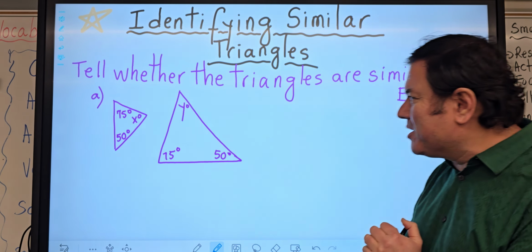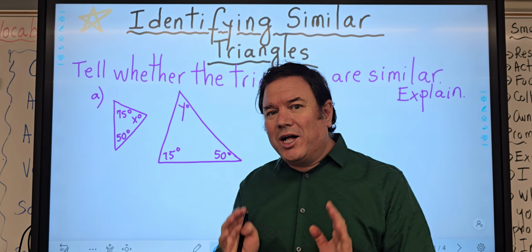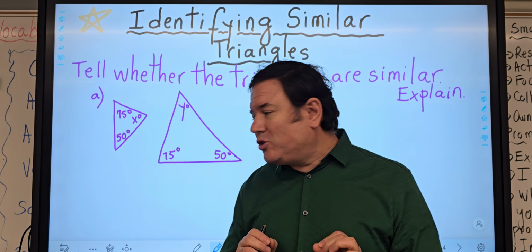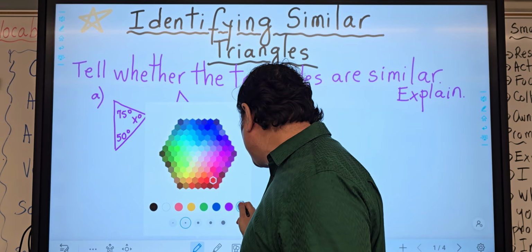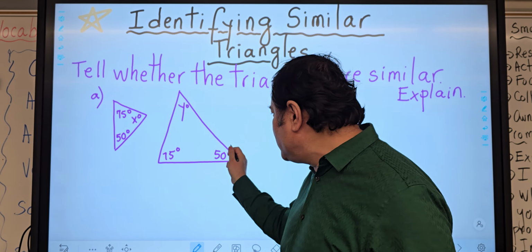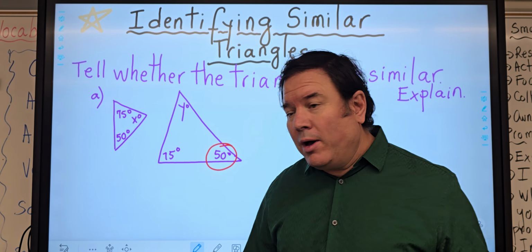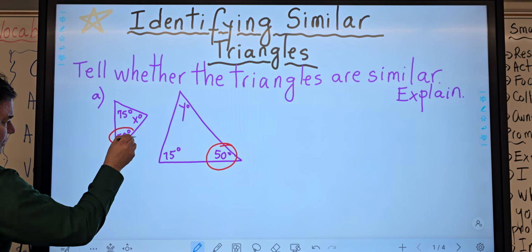Let's take a look at these triangles here. So let's try to identify at least two angles that are the same in both of these triangles. And first of all, I see this angle as 50 degrees. Now, let's take a look at the other triangle, and we also see one angle, 50 degrees.